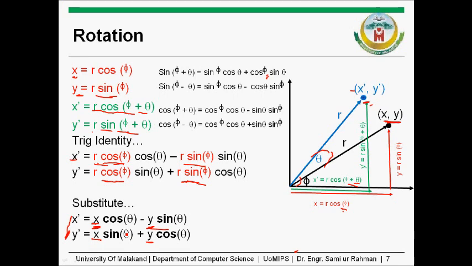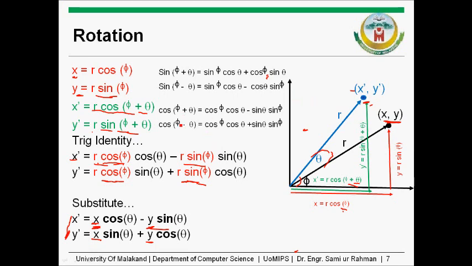In the case of cos theta, the signs are opposite, but in the case of sine, the signs are the same.